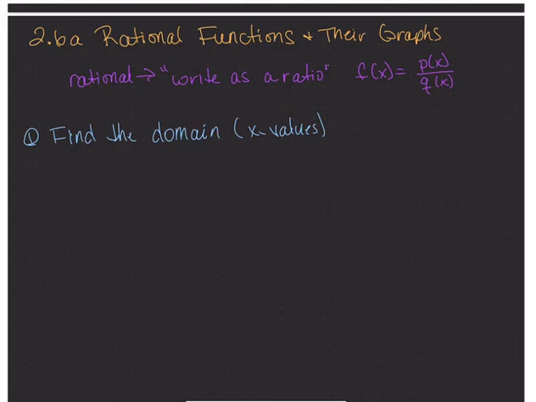So let's say we had the function, let's just stick with f of x. So let's say we had f of x equals x over x squared minus 9, right? We have to be careful when it comes to our mathematics, making sure we know proper algebra and canceling.